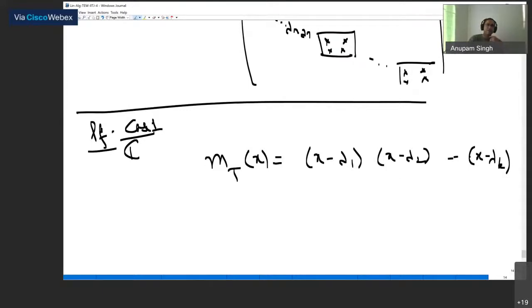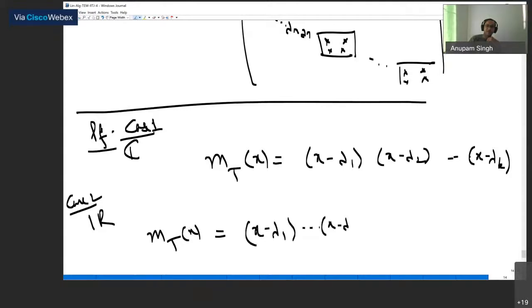Okay. What happens in the real case, case 2? In this case, I take the minimal polynomial, which will be a polynomial over R. Now it can have degree 1 factors, and it can also have degree 2 factors, right? So it can also have some other P1(x) up to Pm(x).